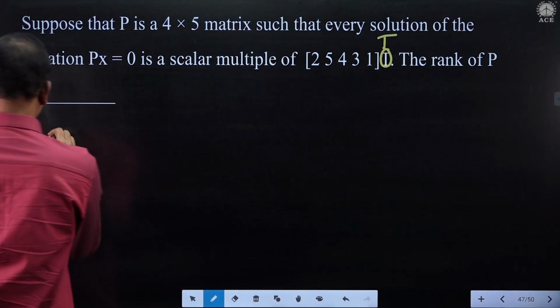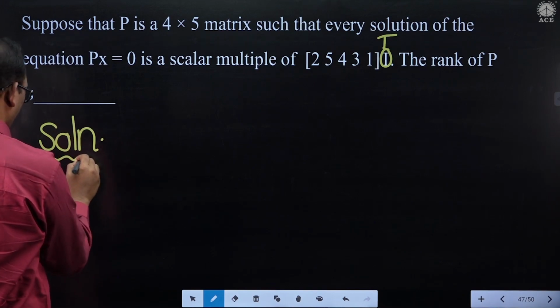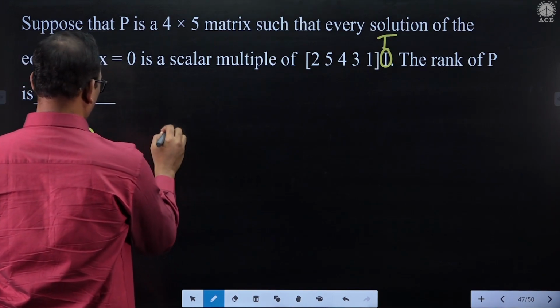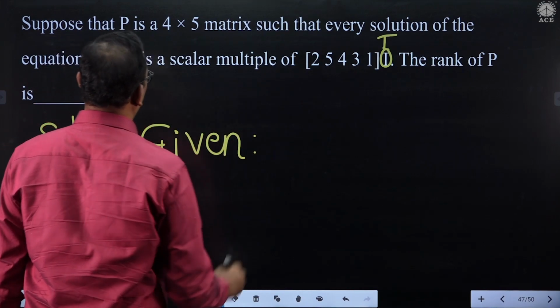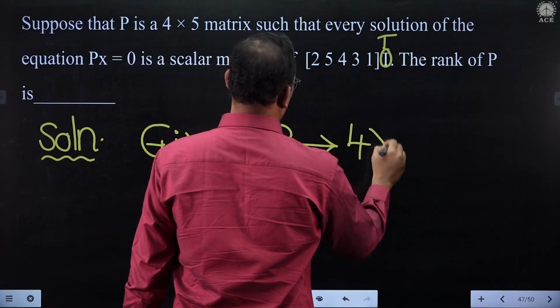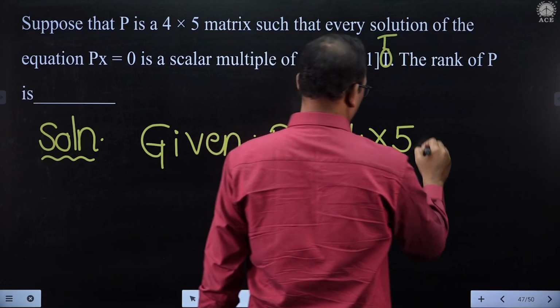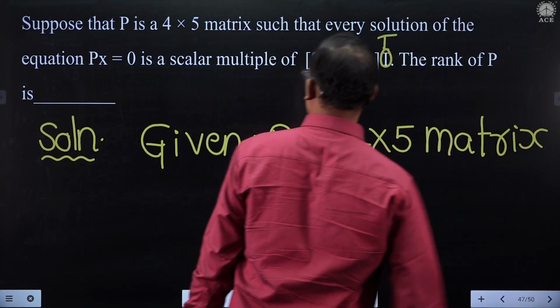Now let us see. Given P, it is a 4 by 5 matrix.